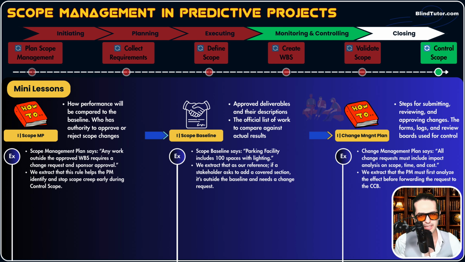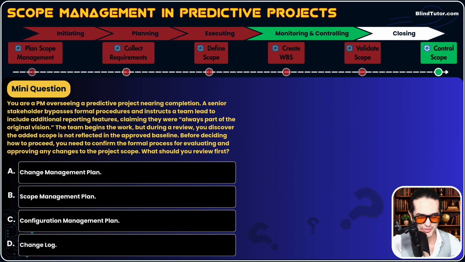Now let's have a mini question and see what type of question you may get from these inputs and how they perform and help us in this process. Let's get it done. Mini question. You are a PM overseeing a predictive project nearing completion. A senior stakeholder bypasses formal procedures and instructs a team lead to include additional reporting features, claiming they were always part of the original vision.